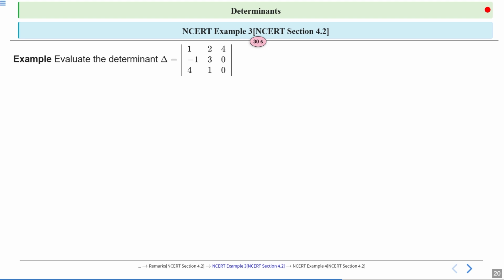Okay, now we are given the matrix [1 2 4; -1 3 0; 4 1 0], and we have to evaluate its determinant. So recall the formula and evaluate.